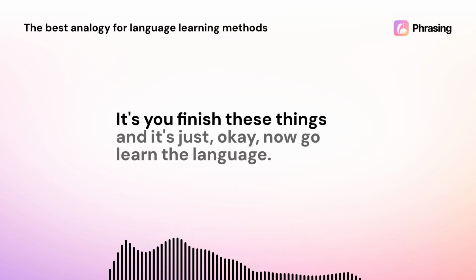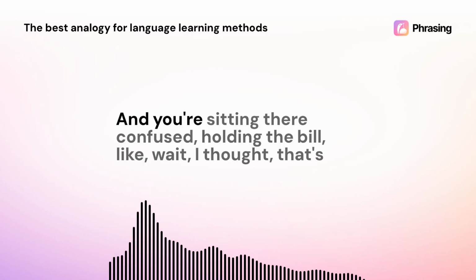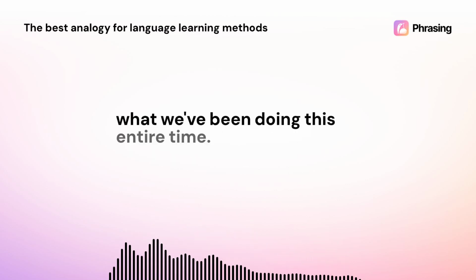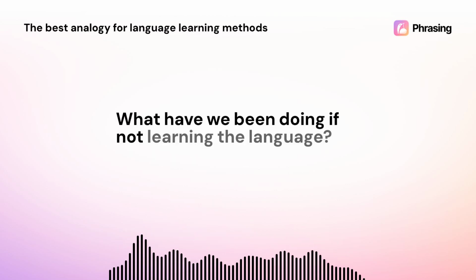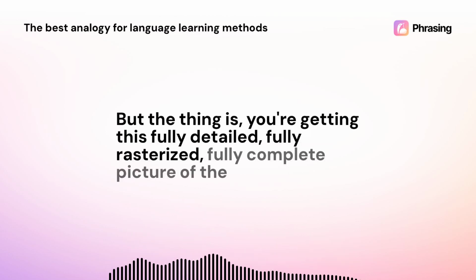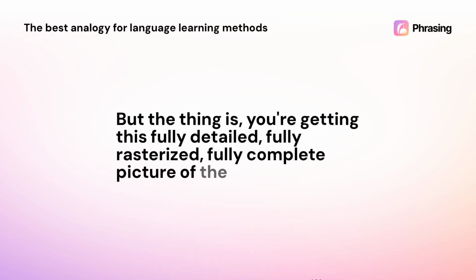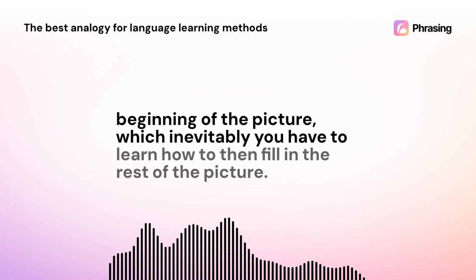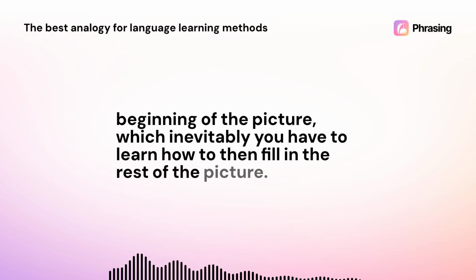You finish these things and it's just, okay, now go learn the language, and you're sitting there confused, holding the bill like, wait, I thought that's what we've been doing this entire time. What have we been doing if not learning the language? But the thing is, you're getting this fully detailed, fully rasterized, fully complete picture of the beginning of the picture, which inevitably you have to learn how to then fill in the rest of the picture.